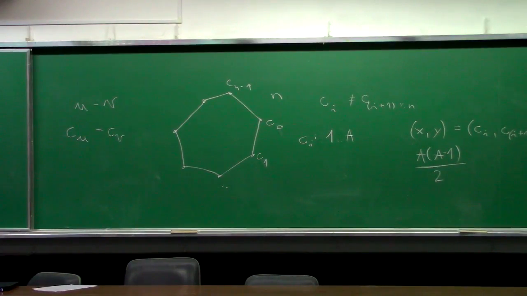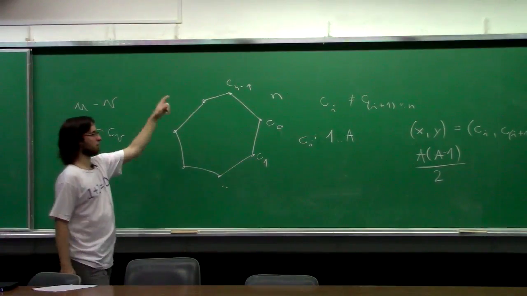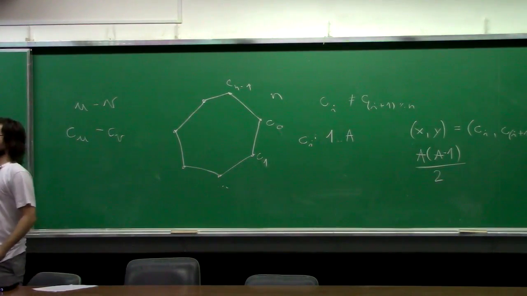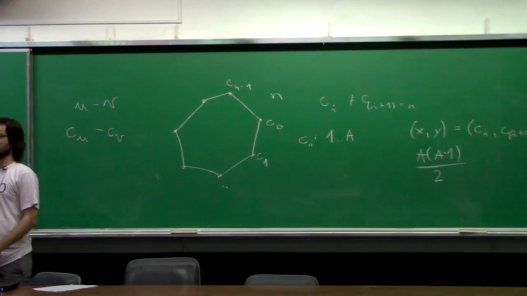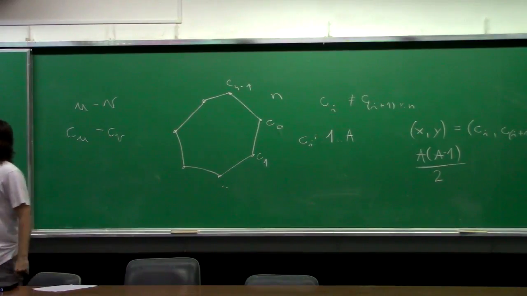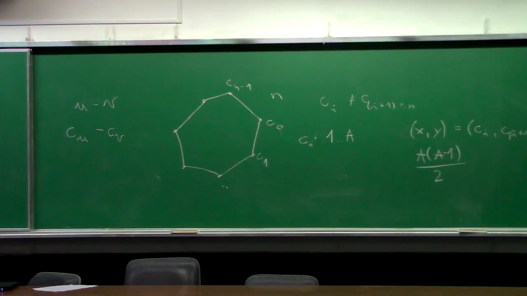And in the end, since we had edges from a cycle, then these edges have to correspond to some Eulerian cycle in this graph. So some route that visits each edge exactly once and returns to the same vertex as it was initially.